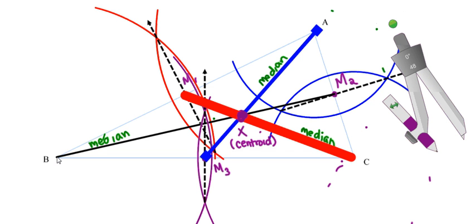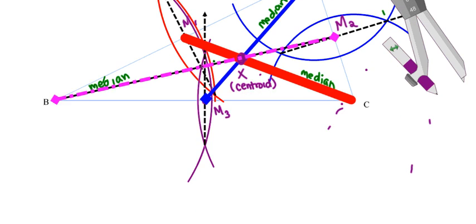We'll go with a pink dotted segment. So that pink dotted segment now represents my third median. The distance from centroid X to vertex B is going to be double the distance, or twice the distance, from centroid X to the second midpoint.